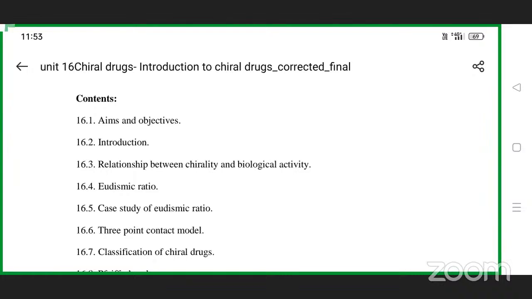So chirality is nothing but the attachment of the central carbon to four different groups, like A, B, C, D. The valency of carbon is four only, and it is attached to four groups A, B, C, D. These can be different groups like methyl, ethyl, or phenyl. That is chirality.